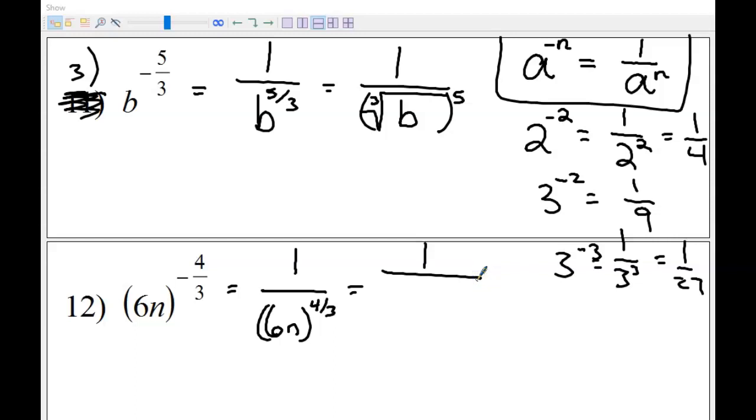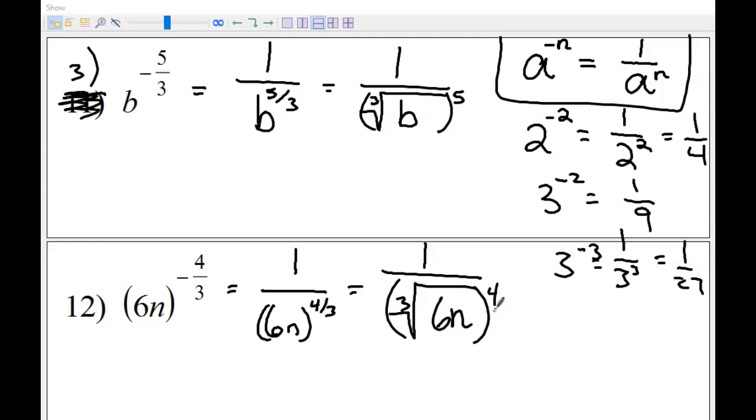I change it to the third root of 6 to the 4th. Now, the right way to say it, though, Henry, is the third root. There you go. The third root of 6 to the 4th.